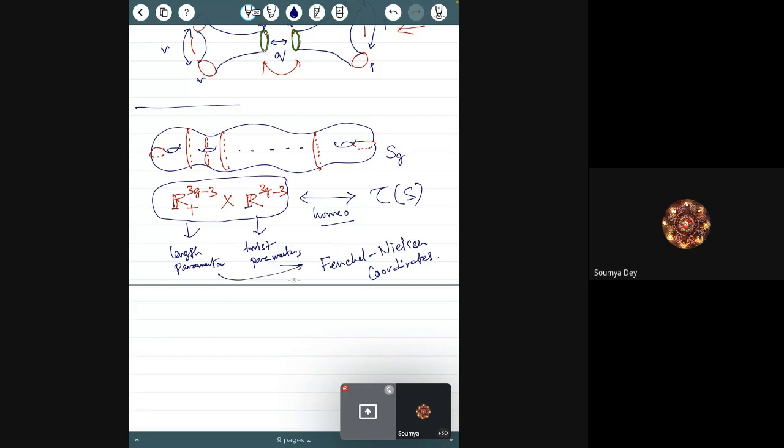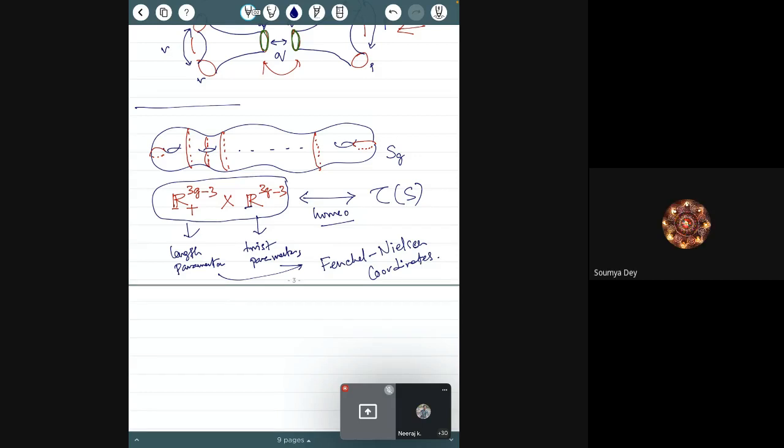Yeah, Neeraj. Yeah, sorry, I think I missed something. When you are saying this is a homeomorphism from R to the power 6g minus 6 to Teichmuller space of S, what exactly topology are you assuming on it? Or are you pulling back the topology of R to the power 6g minus 6? That can be done, but when you say two topological spaces are homeomorphic, both should be topological spaces, right? Yes. So this has already been discussed in the talk of Krishnan Dutta.